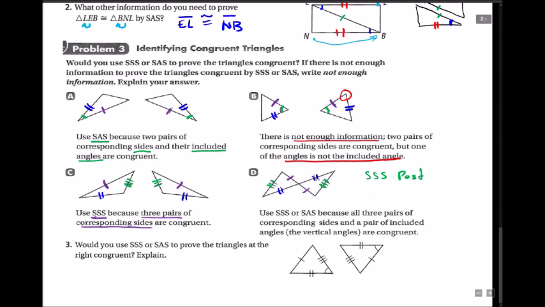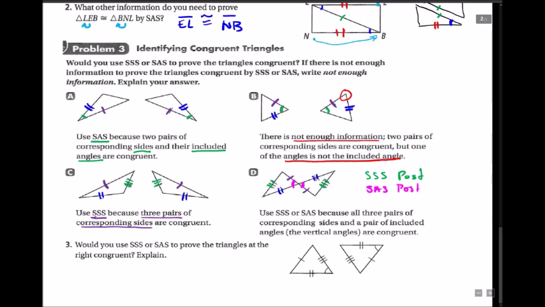What else do you see? Do you see it here? That should jump out at you and scream at you, vertical angles. So we also have side, angle, side postulate, because we've got the included angle between the purple side and the blue side. It's between the purple and blue side on both of them.